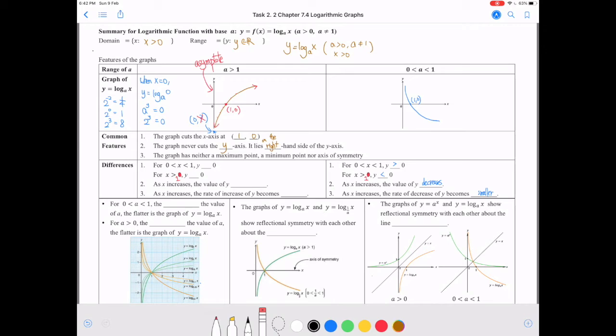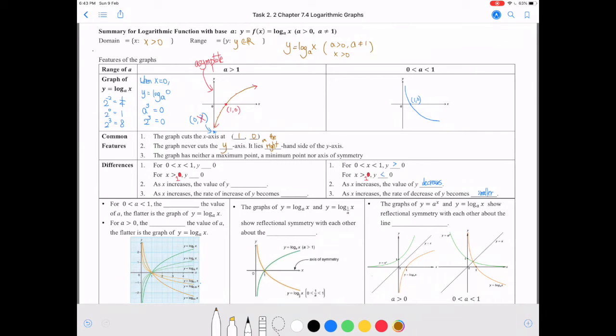Okay, so let's move on to the second part, the differences. I'll just talk about the first case, because the second case is similar. So let's have a look. The first case, a is bigger than 1. The first difference: for x in between 0 and 1, what is y?